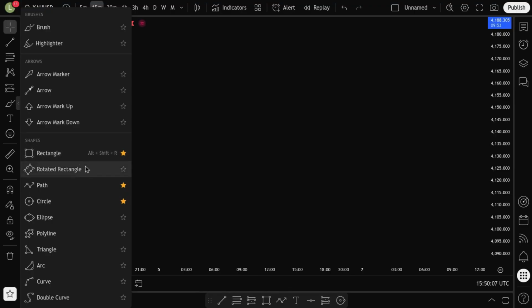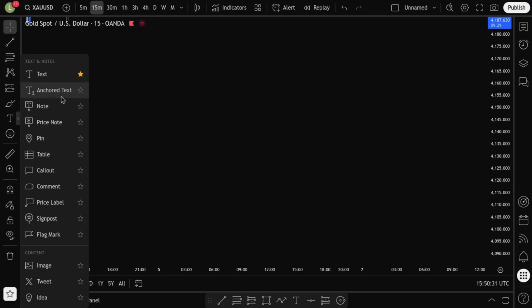You can also use this rotating rectangle, but what differentiates the two is that one can turn 360 to any angle, while this one is only at 180 degrees. You can also use curve, circle, path, arrow. Then we have text.